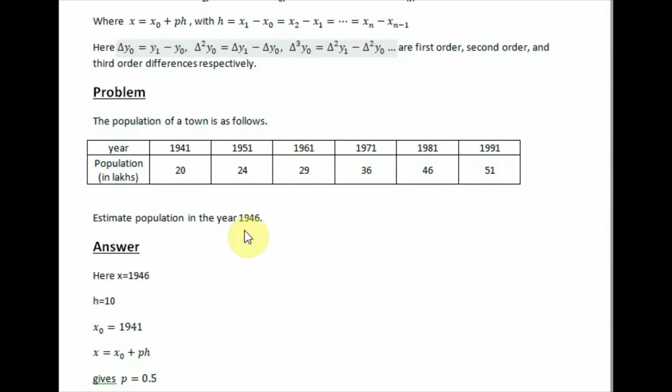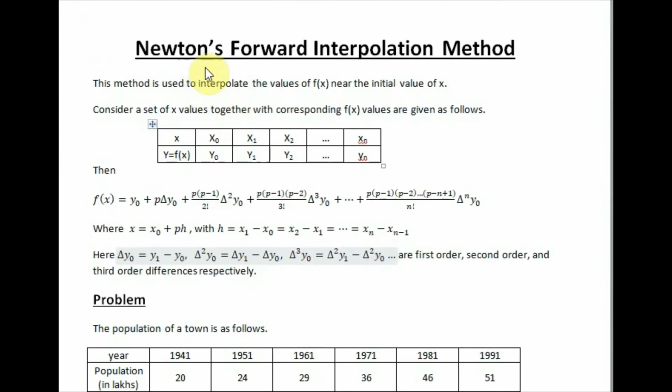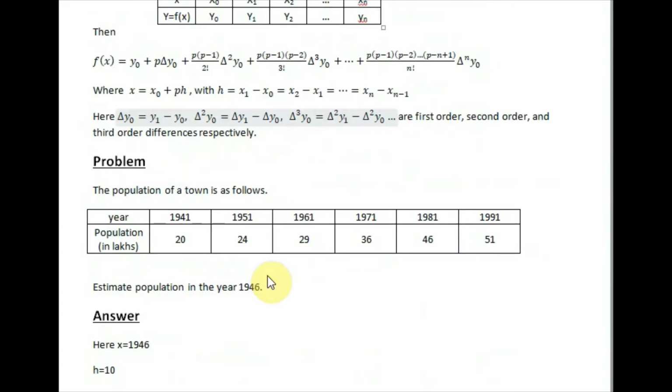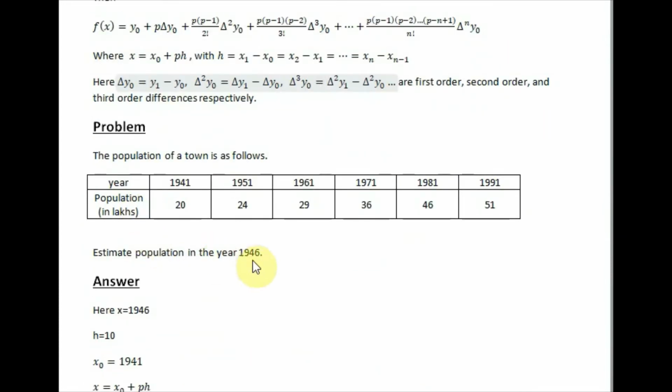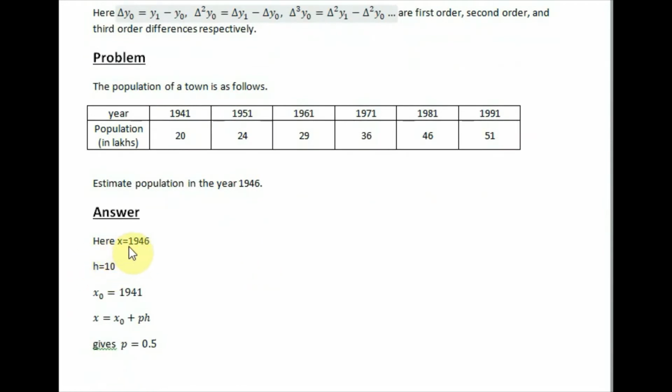Now we can see that 1946 is near the initial x value 1941. So we can use Newton's forward interpolation formula to find the y value at 1946, or the population in the year 1946. So here x equal to 1946, h equal to 10. h is the difference between any two consecutive x values, that is 1951 minus 1941.